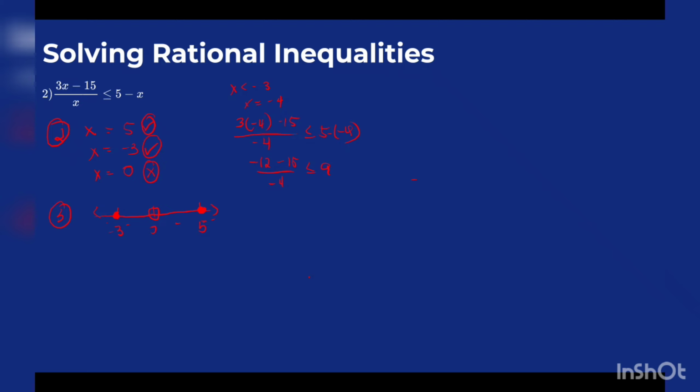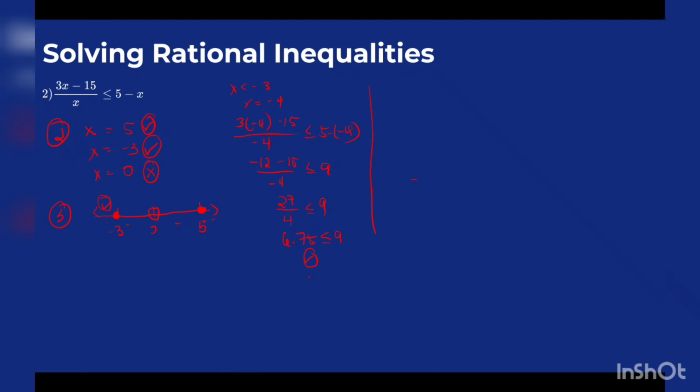And this will give us negative 12 minus 15 divided by negative 4, that is positive 27 over 4, is less than or equal to 9. And 27 divided by 4 is 6.75. So 6.75 is less than or equal to 9, which is true. So the first interval is included in our solution.